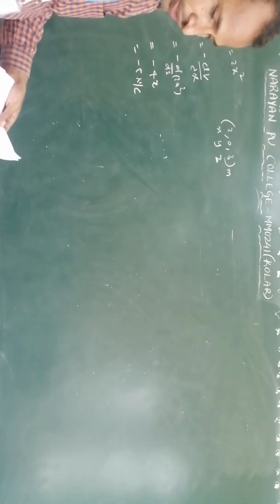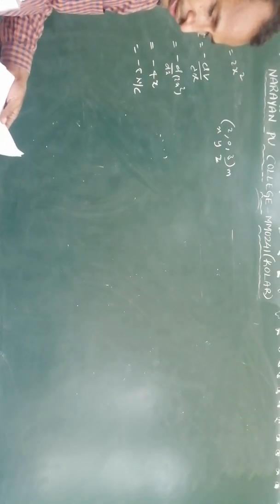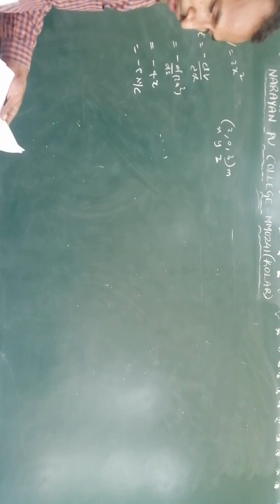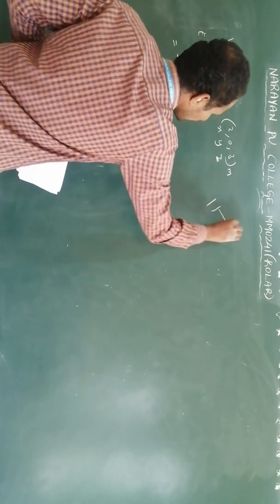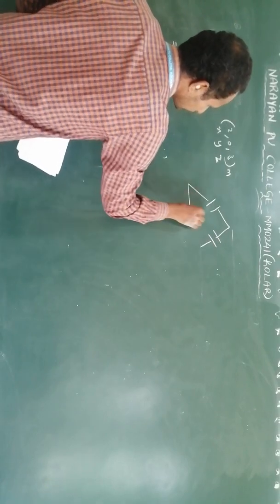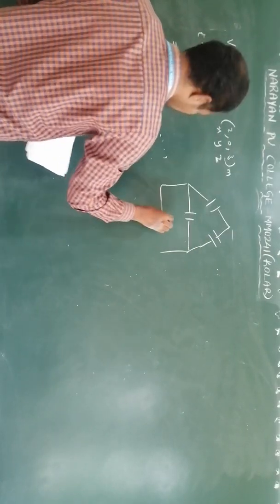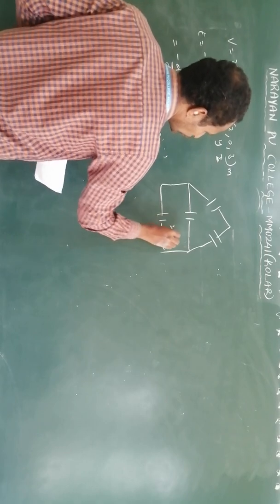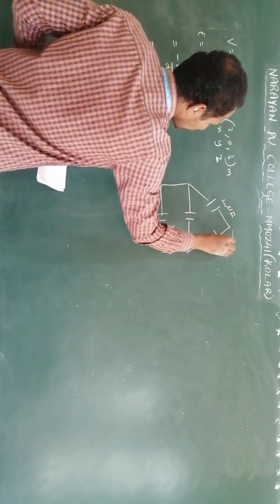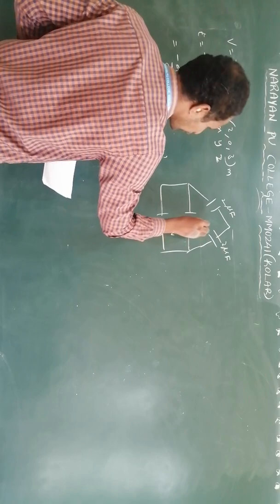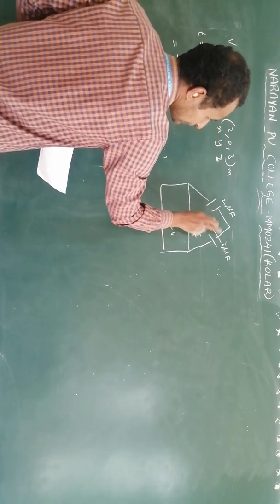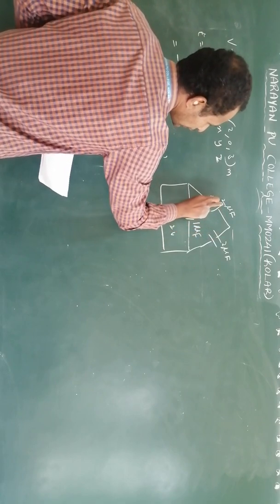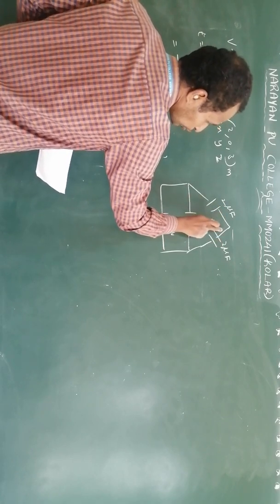And 23, the charge on one of the 2 microfarad capacitors. There are 2, 2 and 1 microfarad capacitors; which combination is given? The given combination is like this, connected to 2 volts. This is 2 microfarad, 2 microfarad and 1 microfarad. This is a series combination of equal capacitors. Then it is C by 2, so 2 by 2 is 1.